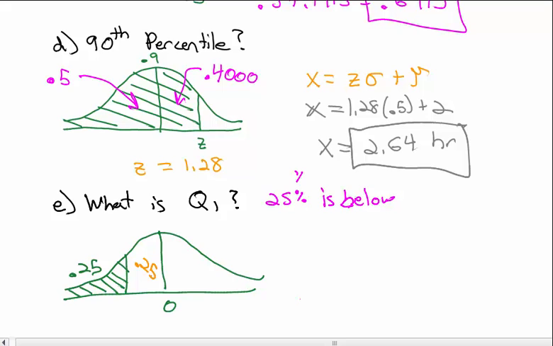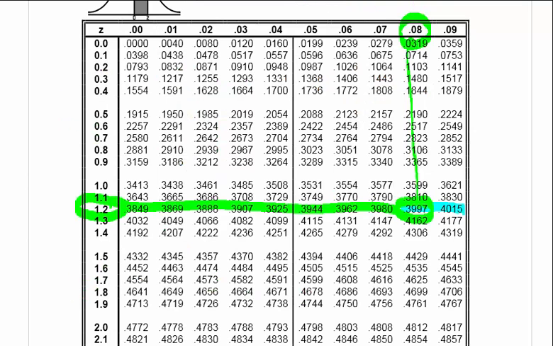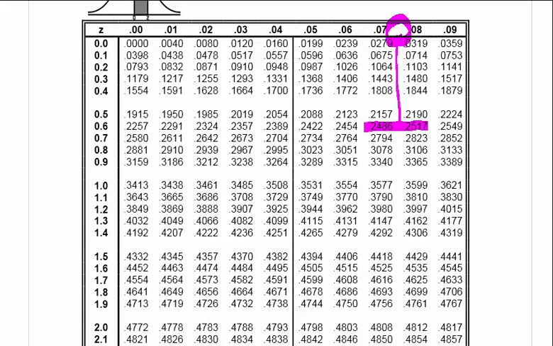So we're looking for 0.25 in the body of the table. So where is 0.25 in the body of the table? Looks like it happens right in the middle of these two values. So I'm going to come up right in the middle just because that one's in the middle.